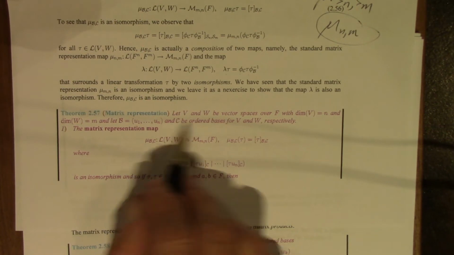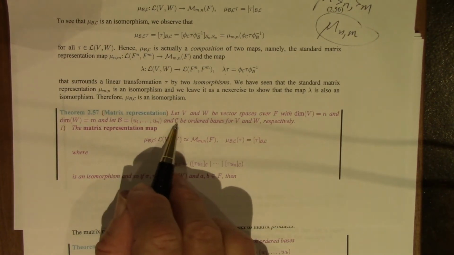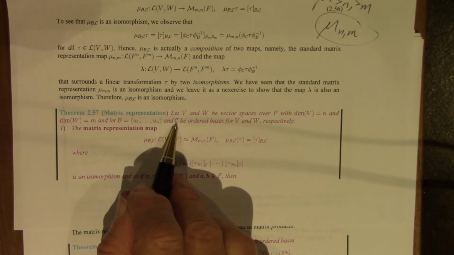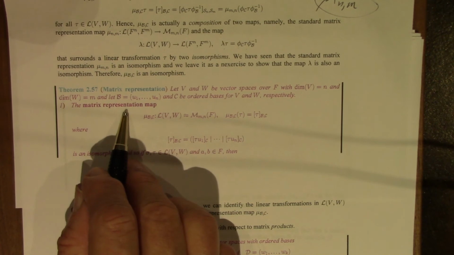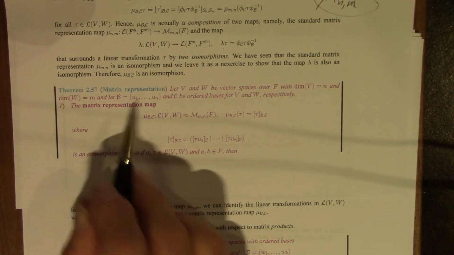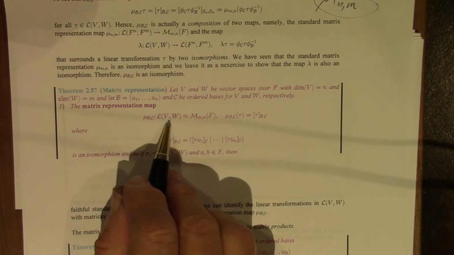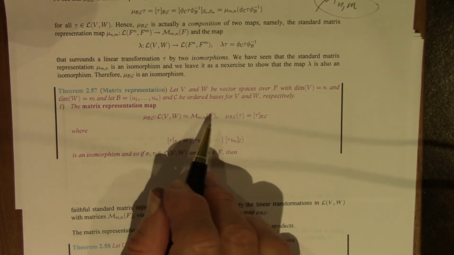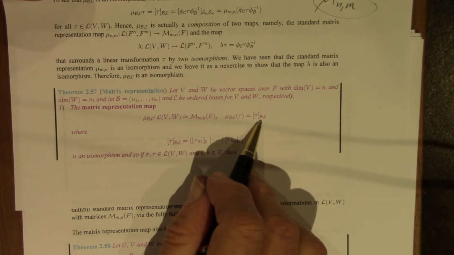C is an ordered basis for W. Don't care what the vectors look like for C. Don't need to worry about that. The matrix representation map, mu sub BC, sends linear transformations from V to W to their matrix representations.